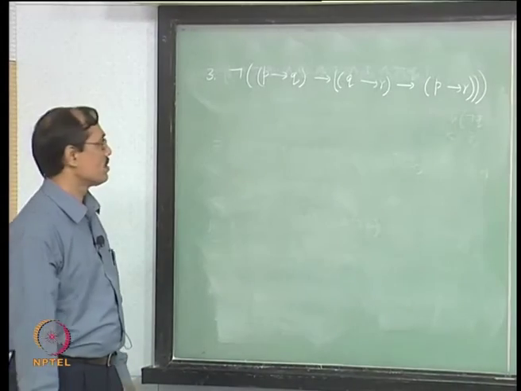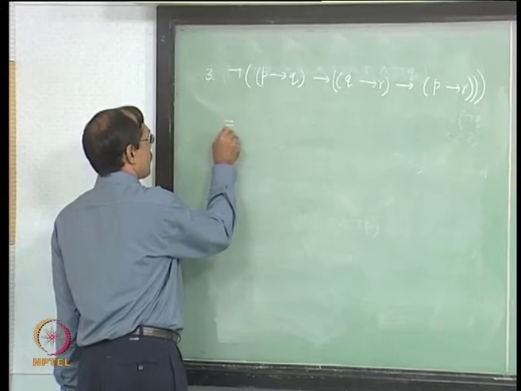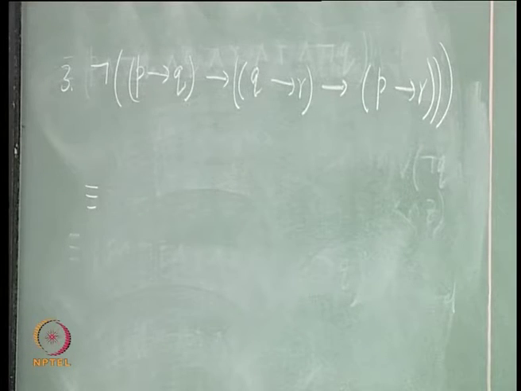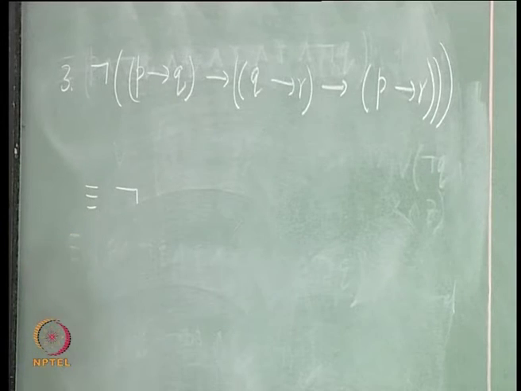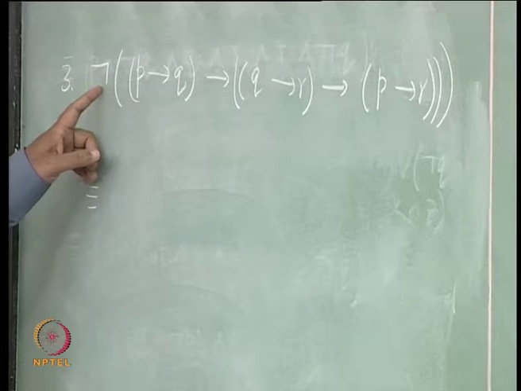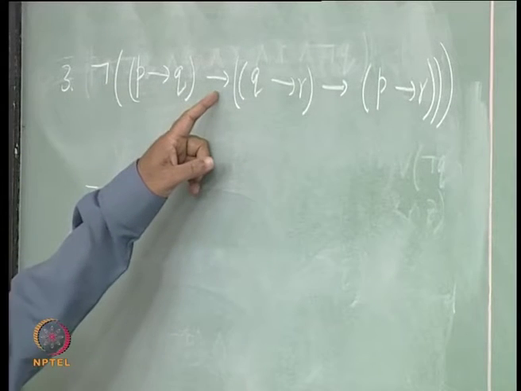Fine. So, let us first convert it. So, this says I have a negation symbol. Okay. See, some simplification you can see here. It is in the form of not implies.